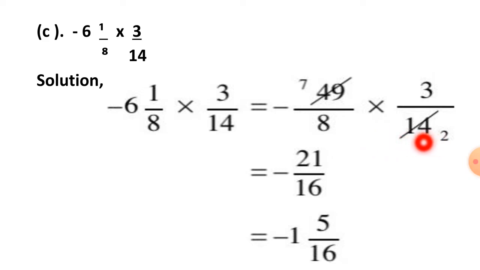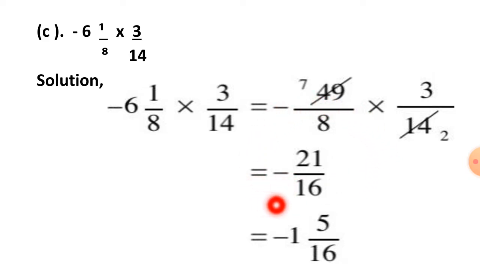Now we go to the table of 7. 7 twos are 14, 7 sevens are 49, and 3 and 8 cannot be cancelled because they are not in the same table. So we multiply 7 by 3, 7 threes are 21, and 8 by 2, 8 twos are 16, and the minus sign over here the same.